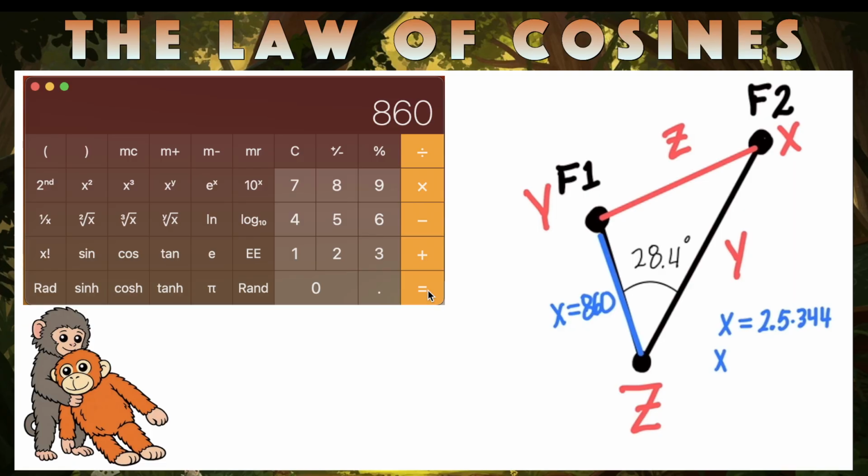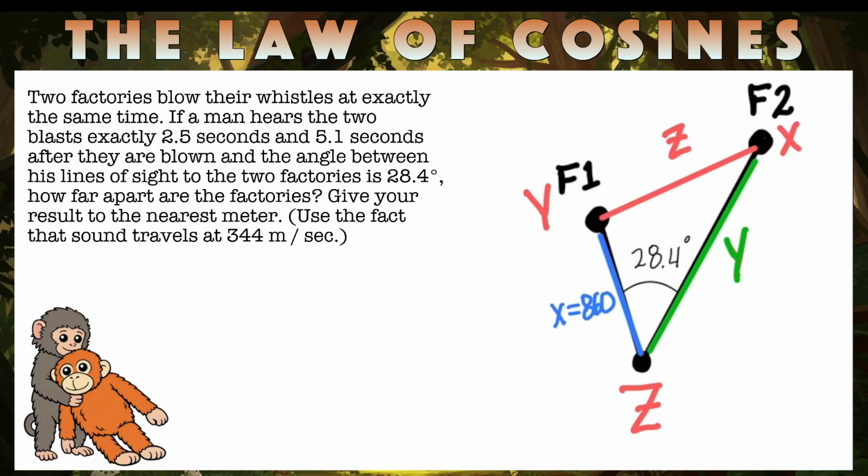Okay, next I will do Y. So let's go ahead and use a different color here. I've got green, and here's Y. So for that one, we have, oh, what was it? I lost it. Okay.